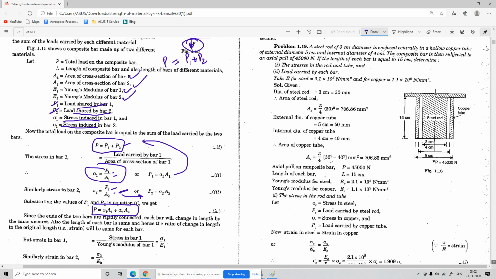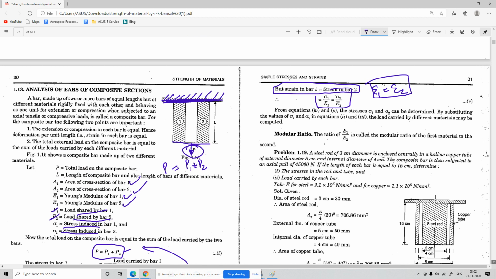We will see later when it is not rigidly connected how it happens, but here, when it is rigidly connected, the strain of bar 1 will be the same as the strain in bar 2. The main point is that they are rigidly connected and the load is applied.